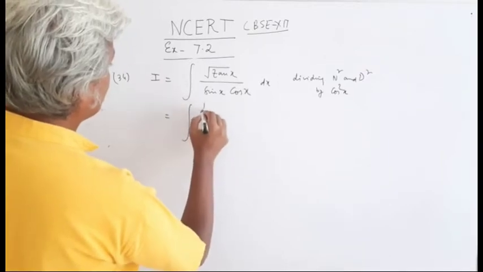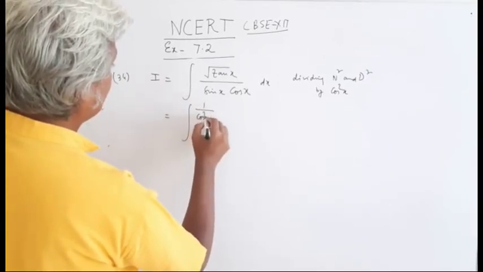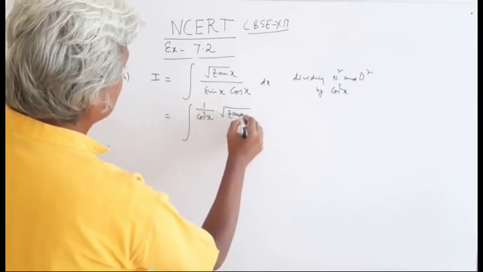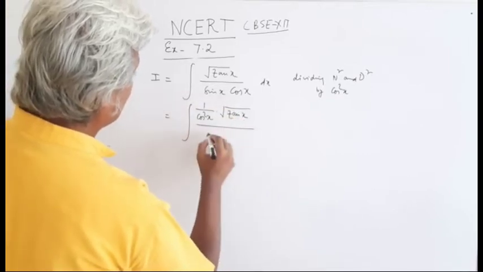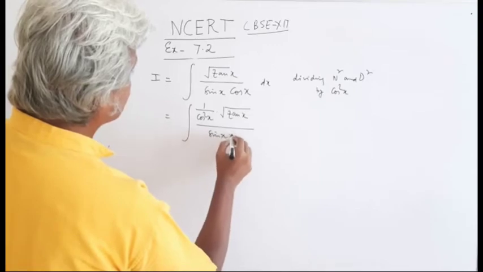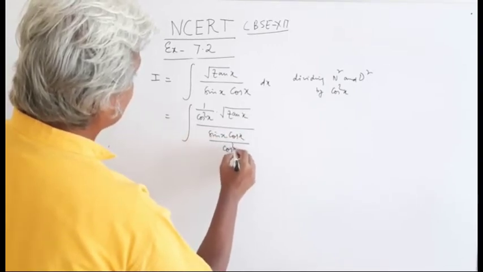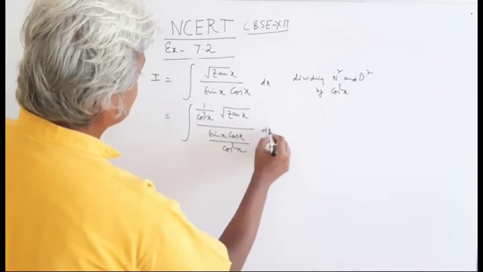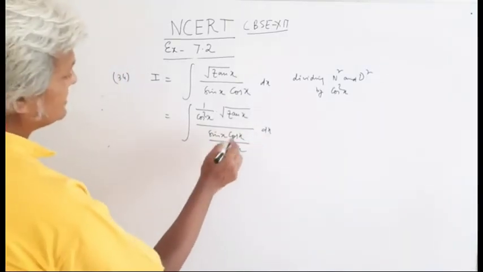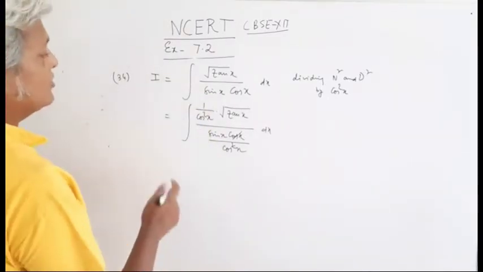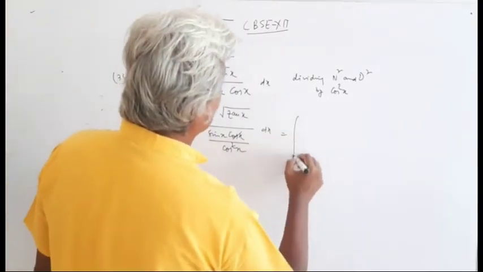Here you get 1 over cos square x under root tan x, and over there you get sin x over cos x divided by cos square x. Now one cos cancels, this becomes tan, and this 1 over cos square x becomes sec square x.